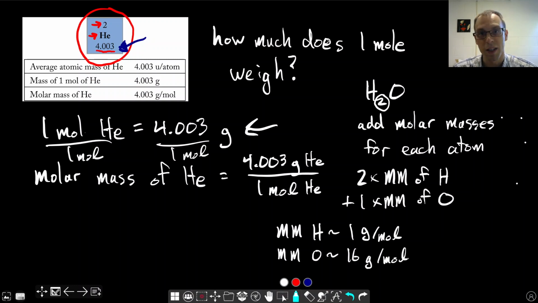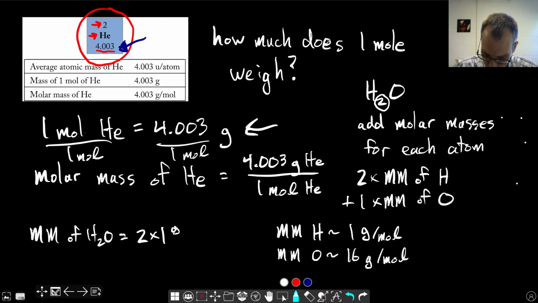But if we want more significant figures, we'll need to look up the numbers that have digits after the decimal place. But if we want the molar mass of water, MM of H2O, we will get 2 times 1 gram per mole plus 16 grams per mole times 1. I didn't write that out explicitly. So the molar mass of water is about 18 grams per mole.